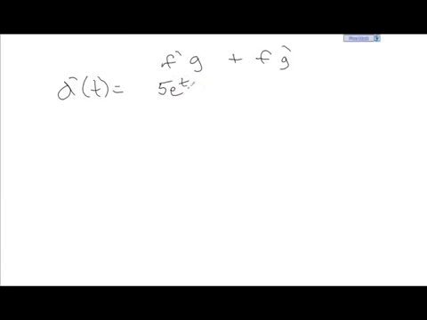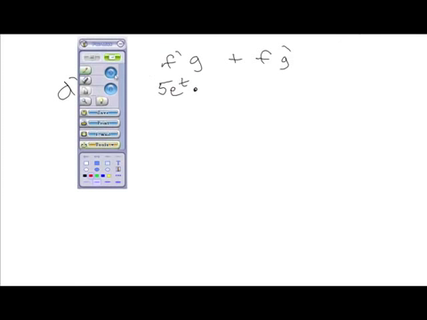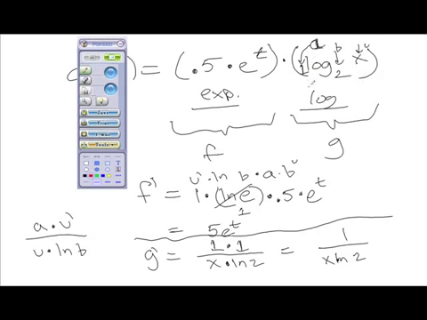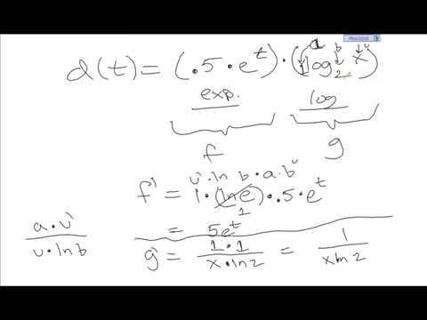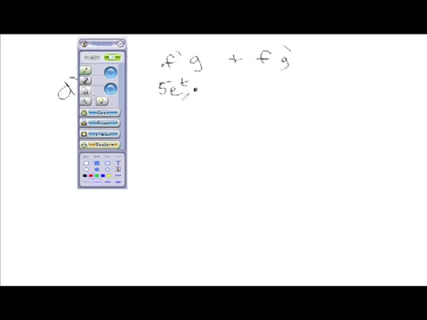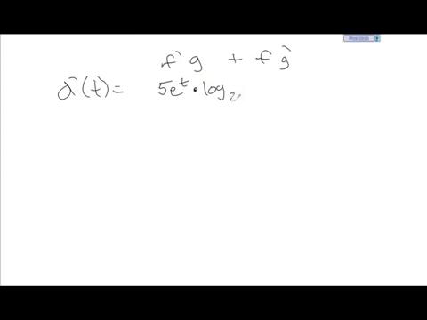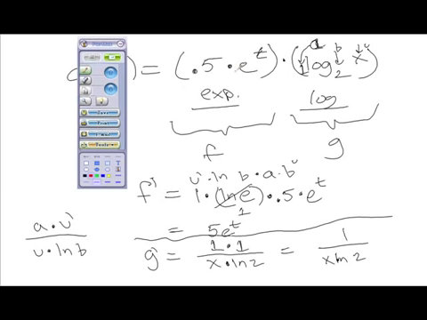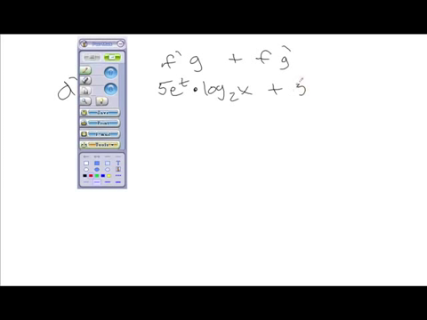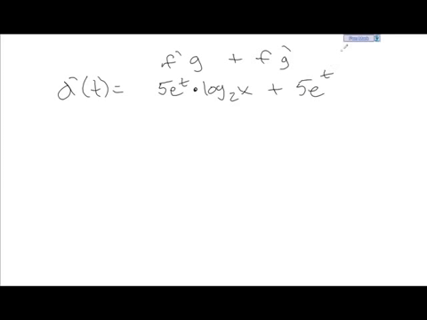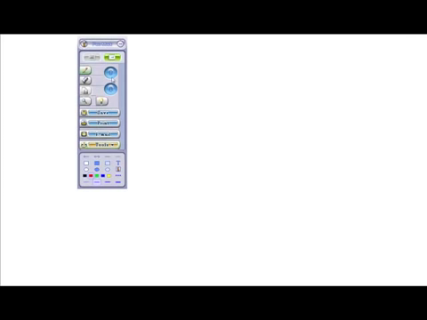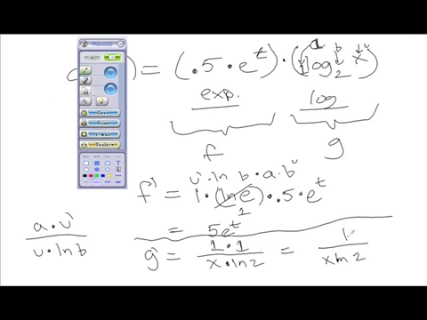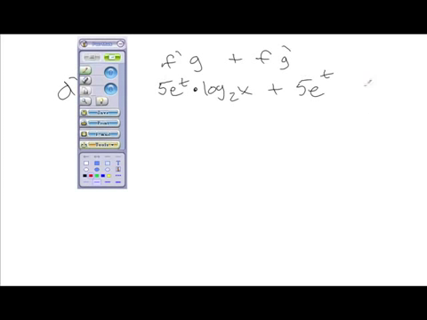Well, g is the original undifferentiated version of g, which is log base 2 of x, plus f, which is 0.5e to the t, that's the unadulterated version, times g prime, which is 1 over x ln 2.